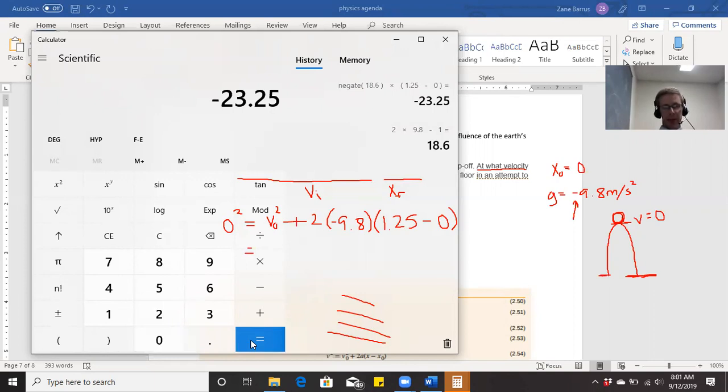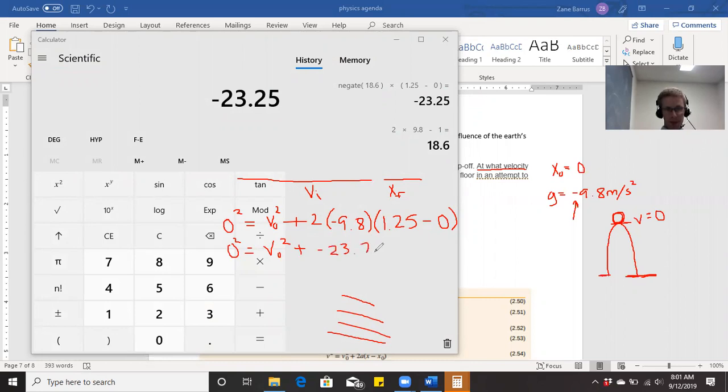So let me get my pen out again. So now we know that 0 squared is equal to V0 squared plus negative 23.25. Okay, so using algebra, let's go ahead, use our addition property of equality.